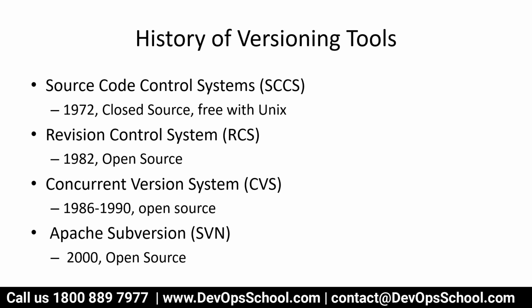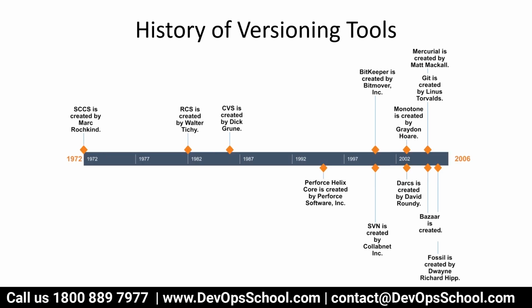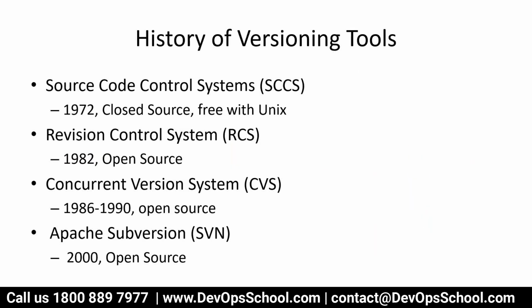Here in this slide, you can see the history of versioning tools. Initially we got SCCS in the 1970s, then later RCS, then CVS, and for the last 20 years we had SVN, and then we got Git. So Git is one of the most advanced tools we are using right now.